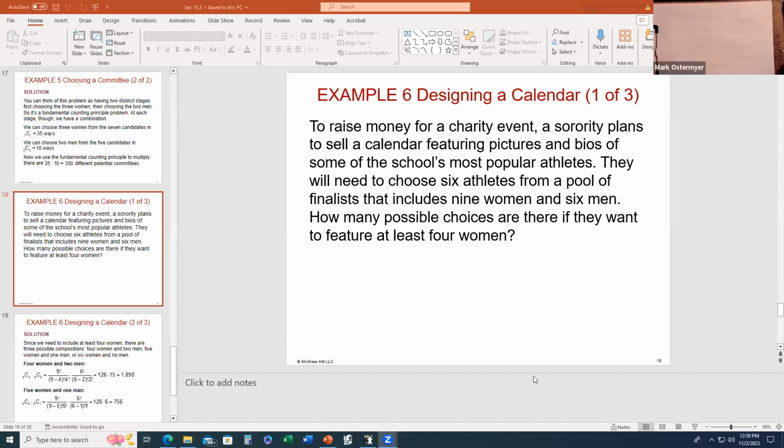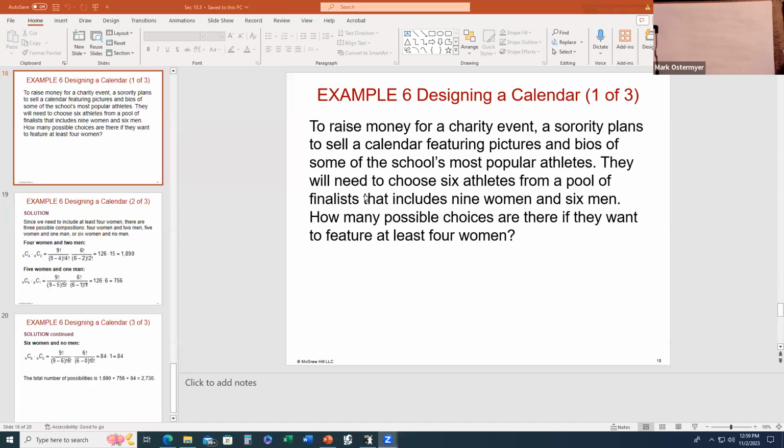All right. So, what do we got going on here? Choose 6 athletes from a pool of finalists, including 9 women, 6 men. Let's see here. How many possible choices they want to feature at least 4 women?